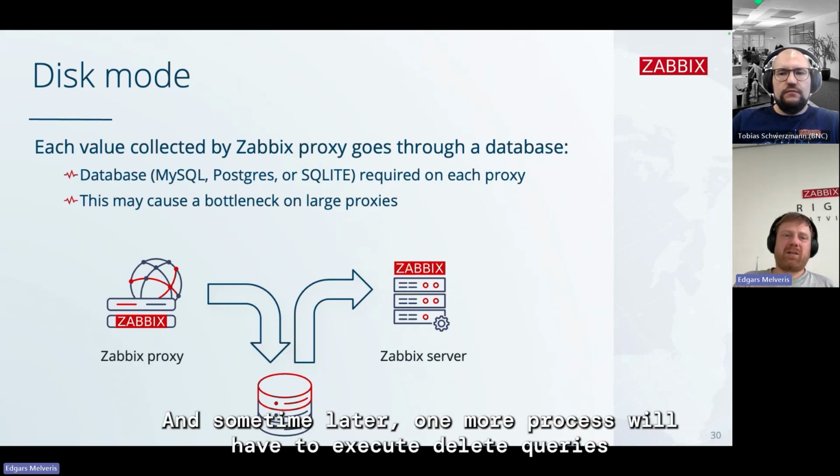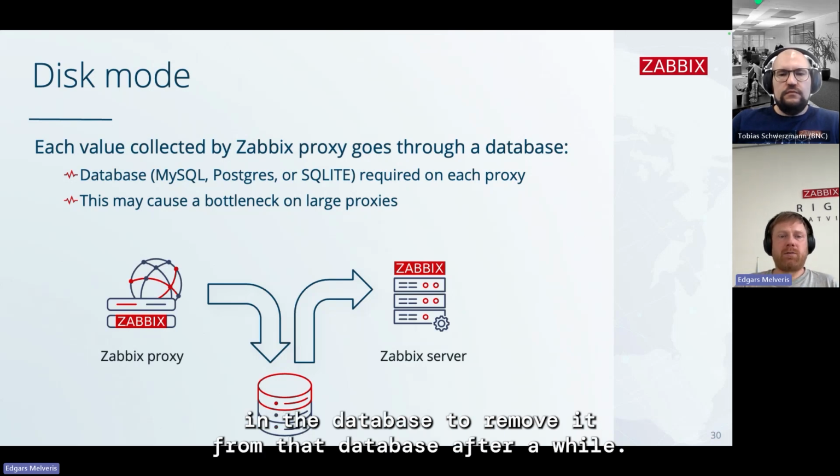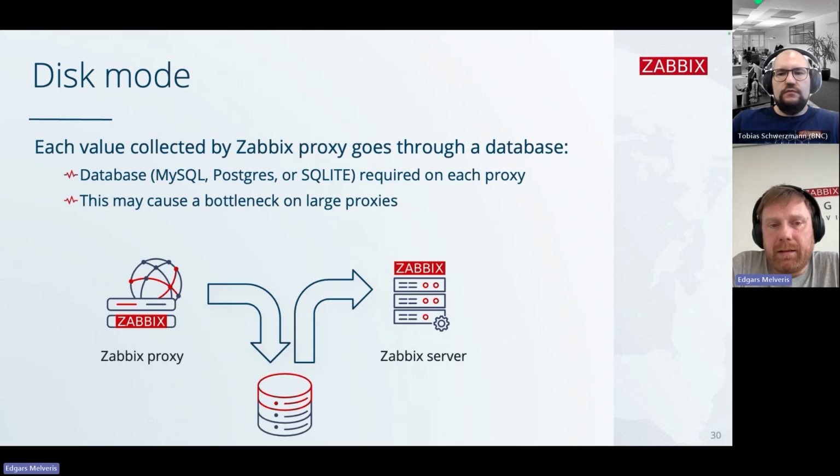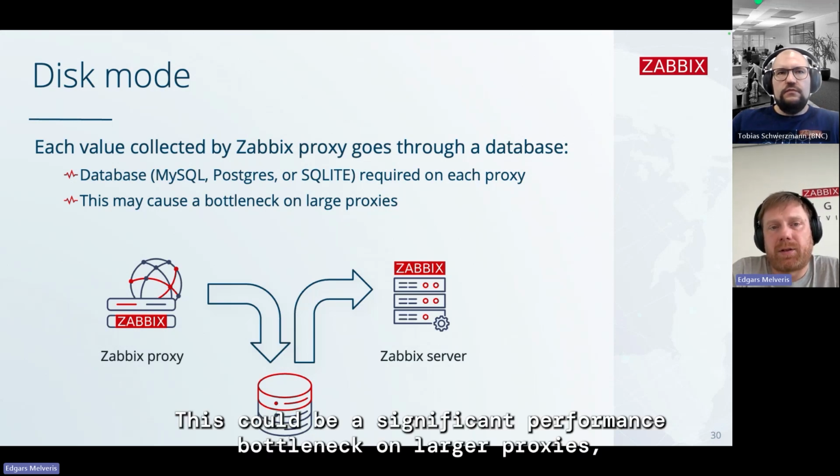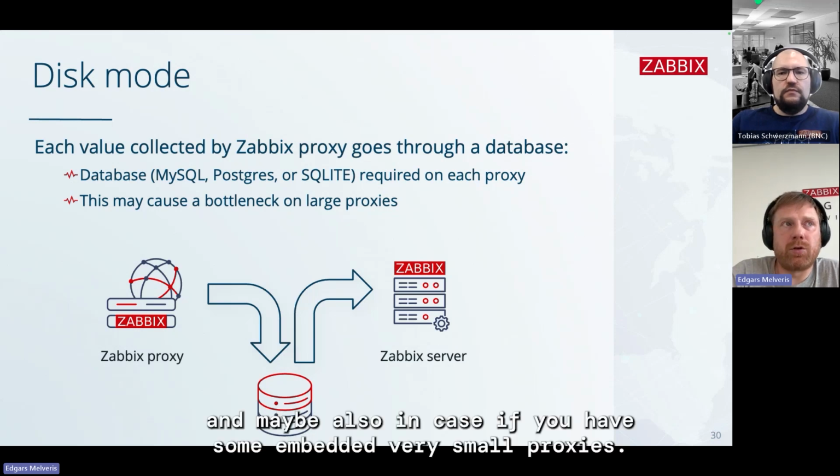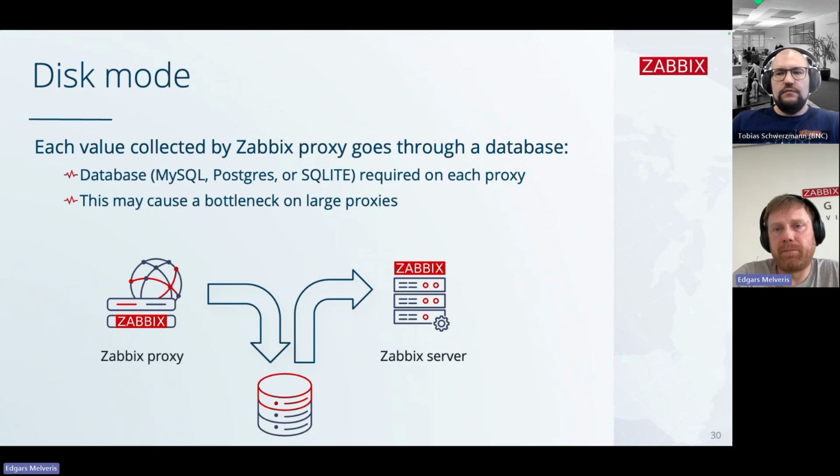And sometime later, one more process will have to execute delete queries in the database to remove it after a while. This could be a significant performance bottleneck on larger proxies, and maybe also if you have some embedded very small proxies.